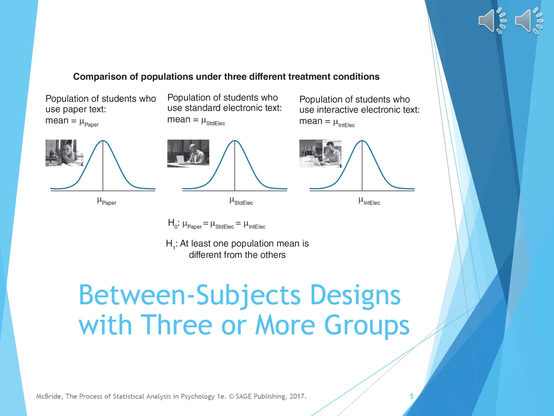So in this example, we're probably going to grab a large group of students from some kind of population, but then we're going to randomly assort them into one of three different types of conditions, right? We'll have one group of students that only uses the paper text, one group of students that only uses the standard electronic text, and one group of students that only uses the interactive electronic text.